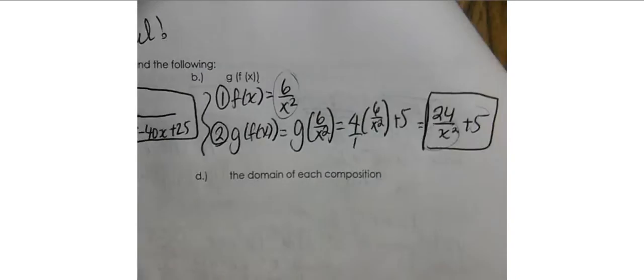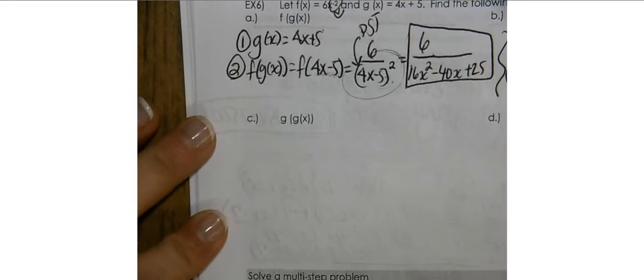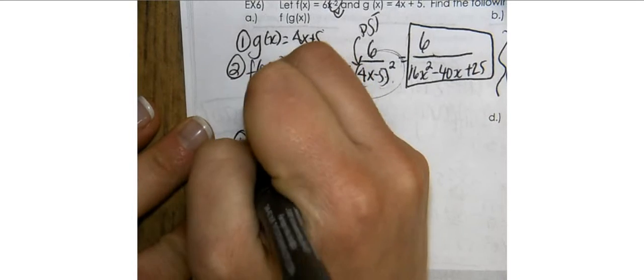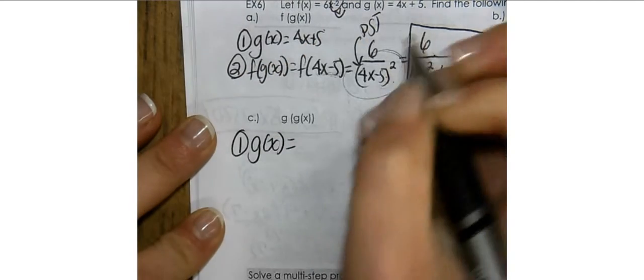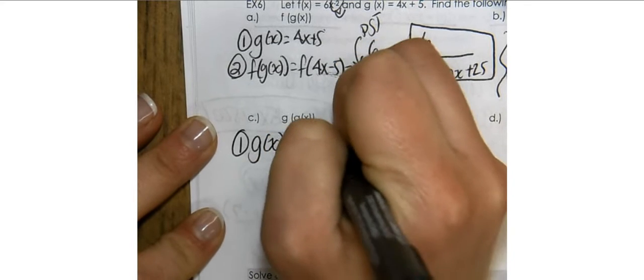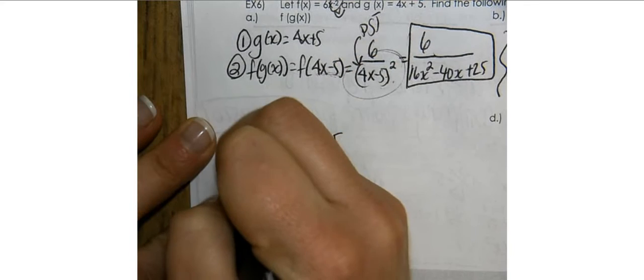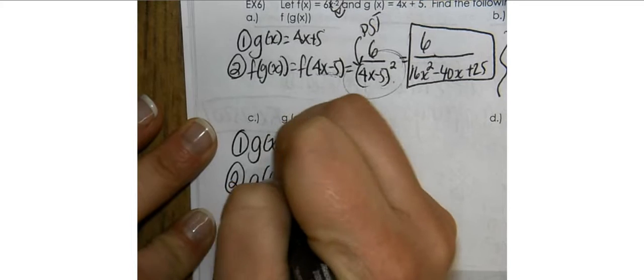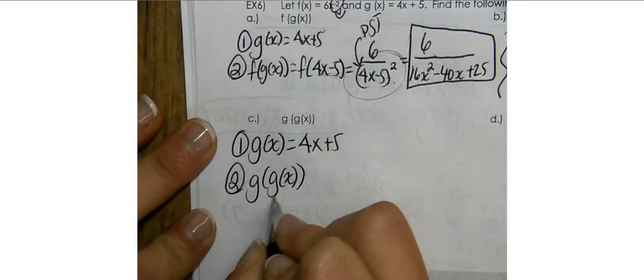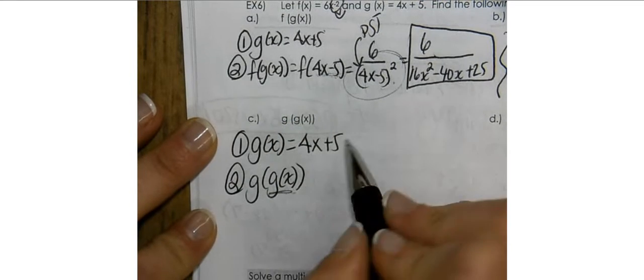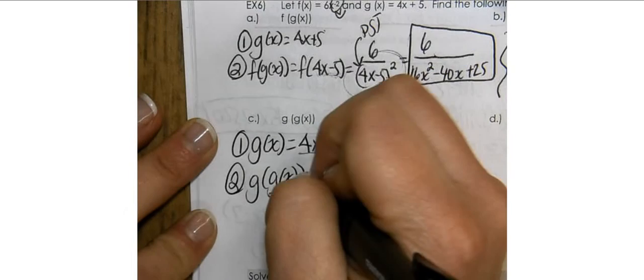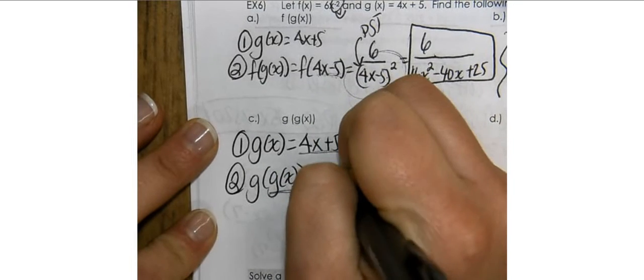And finally, for letter C, we have g of g of x. The first thing we want to do is identify what g of x is, and g of x is 4x plus 5. Now g of g of x means that I'm going to replace the interior g of x with 4x plus 5. So that's going to be g of 4x plus 5.